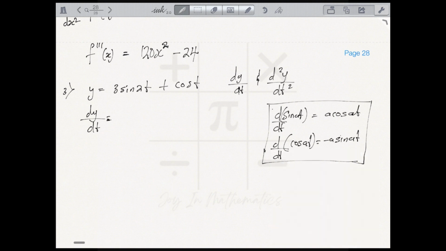Differentiating 3 sine 2t, we'll be having 3 multiplied by 2 cos 2t. And differentiating cos t, we will have minus sine t. Simplifying, we have 6 cos 2t minus sine t.